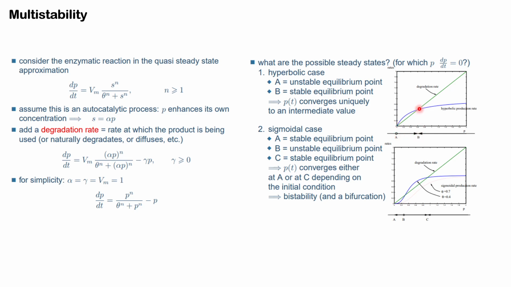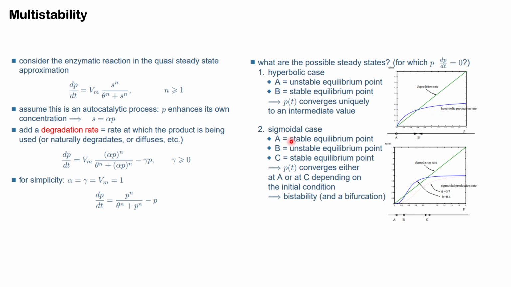So basically where the degradation rate and the production rate curves meet each other. There are 2 points for that. So one will be a stable steady state, which is B1, and one will be an unstable steady state, which is A1. So the P value will converge uniquely to an intermediate value in the hyperbolic case.